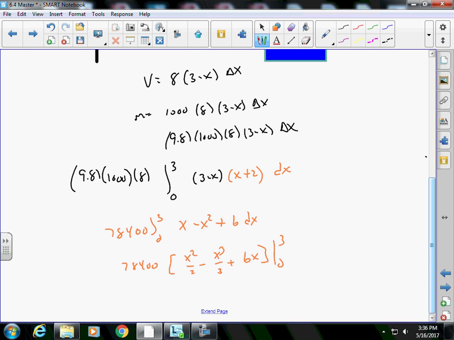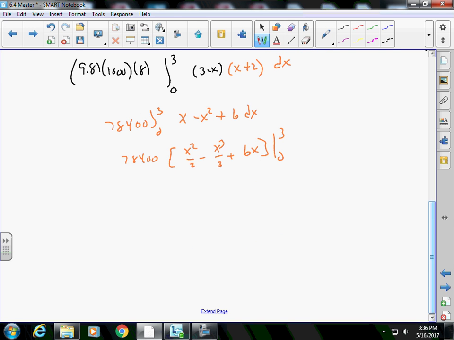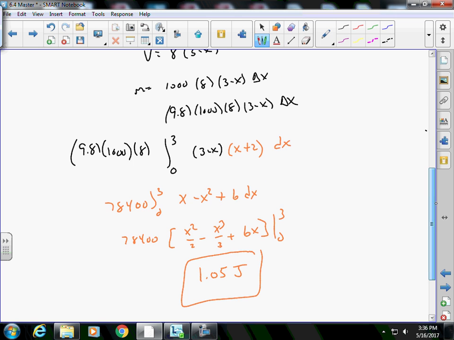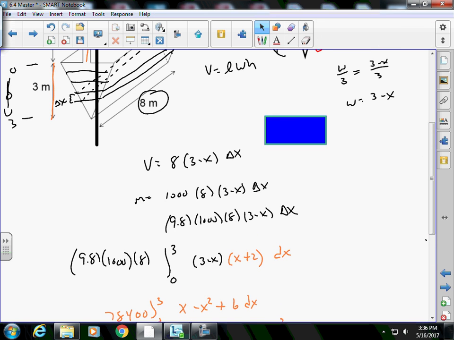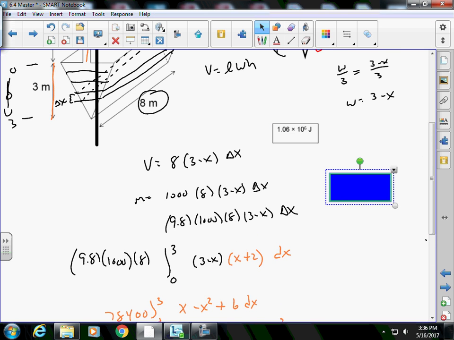So evaluating from 0 to 3. Hopefully you'll do this on your own, but if you don't, here's the answer anyway, 1.05 joules. But again, we had to worry about the effects of gravity because we are lifting something, and we're in metric, not British. We have one more example to go over.